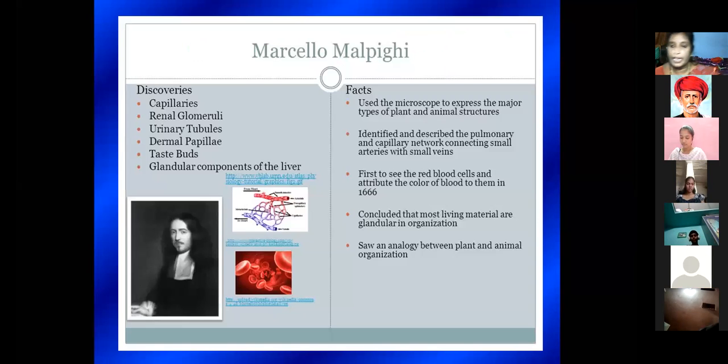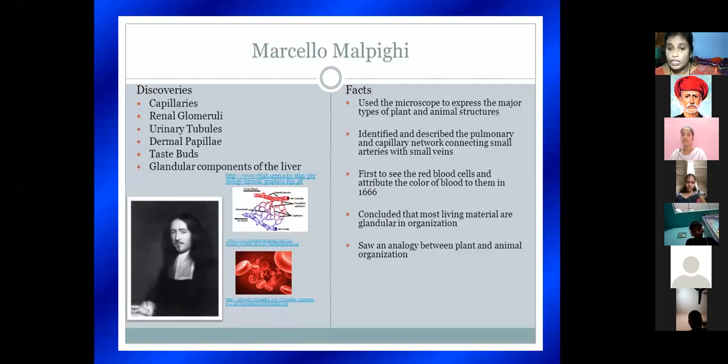What are the main discoveries of Marcello Malpighi? Capillaries, renal glomeruli, urinary tubules, dermal papillae, taste buds, and glandular components of the liver. These are also discoveries of the great scientist Marcello Malpighi. Next, what experiments did Marcello Malpighi carry out?